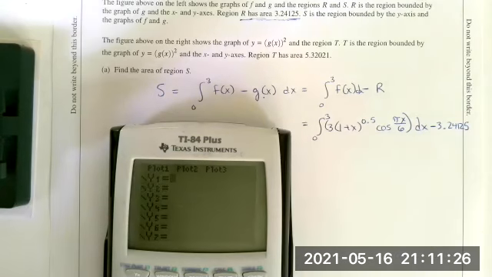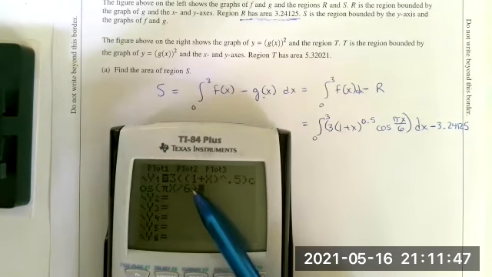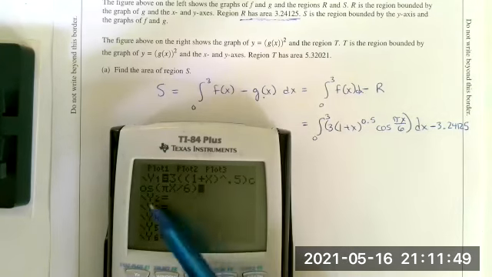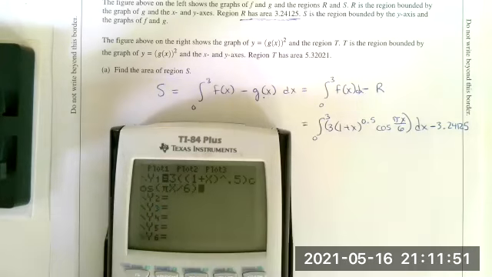Hang on, I'm going to organize this a little bit better. 3 double parentheses, 1 plus x, raised up to the 0.5. So now it's all grouped together correctly. Cosine pi x over 6. All right, let me just check this because this one's really weird. All right, that looks okay to me.